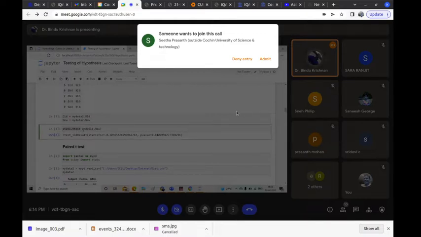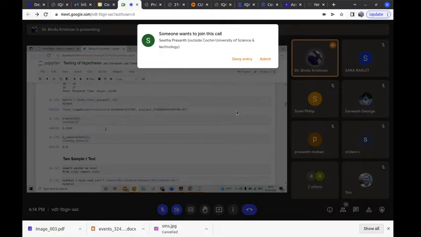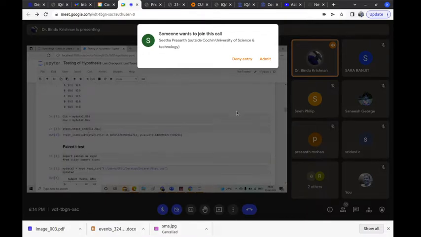stats.ttest_ind. What is that ind? ind actually represents independent. In the previous case, yesterday, it was only one sample. Here the difference is that we use this word ind. One more thing: I mentioned we can choose the alternative hypothesis as less than, greater than, or not equal to.